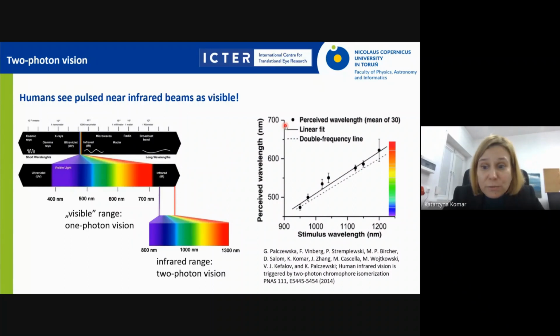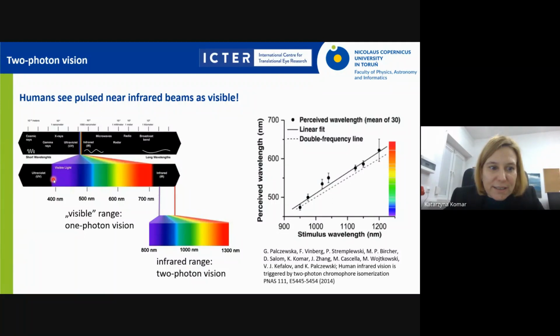So, two-photon vision relies on visual perception of pulsed infrared beams as having a color ascribed to half of the wavelength. It basically means that when we use a pulsed infrared laser of 1000 nanometers and focus it on our retina, we will not see red light, we will see green light.